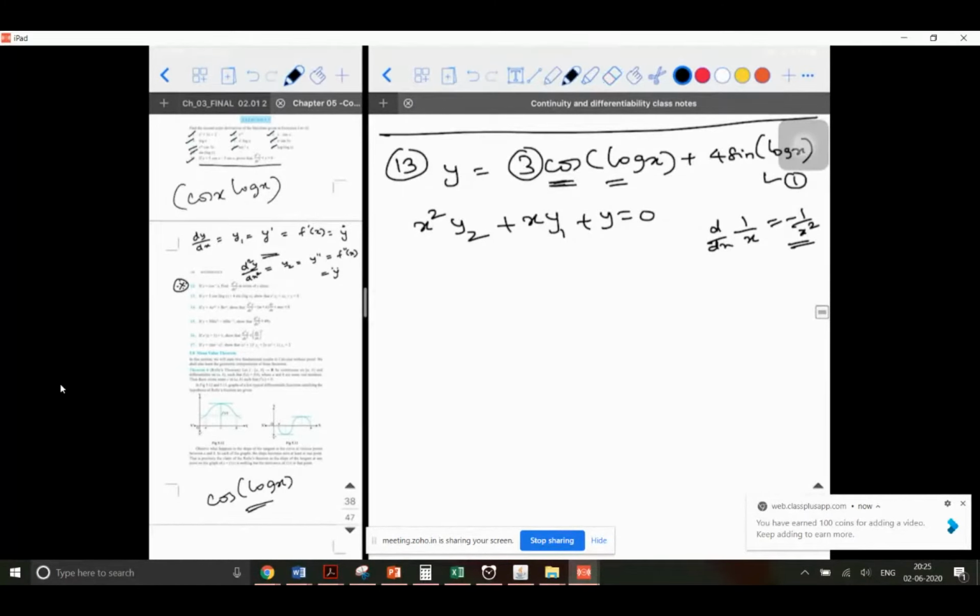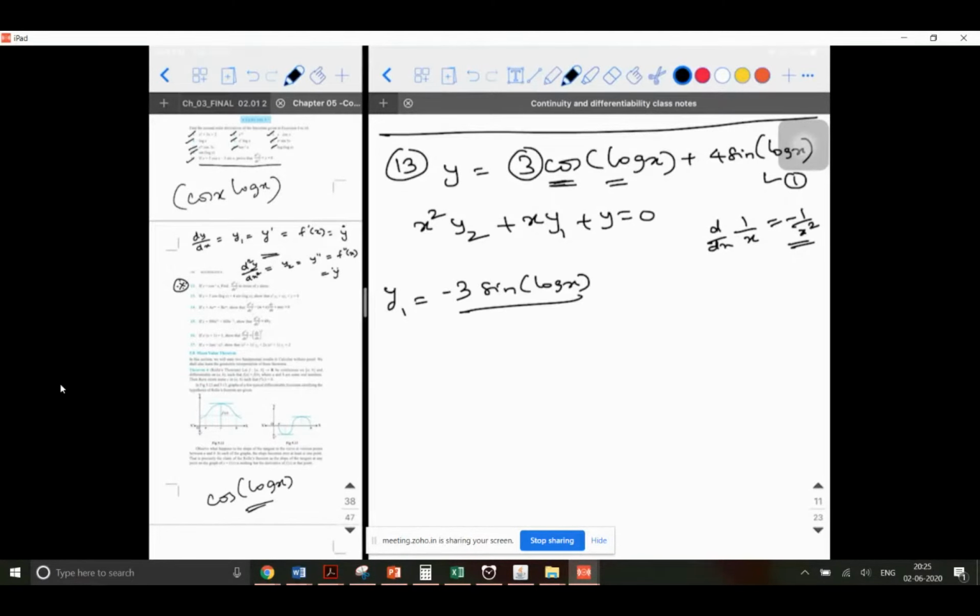tell me what is the value of y1. We'll do it fast. y1 is equal to 1 by x into minus 3 sine of log x plus 4 cos of log x, the whole divided by x. So you want to take the x to the other side. xy1 is equal to minus 3 sine of log x plus 4 cos of log x. Is that what you're trying to say?